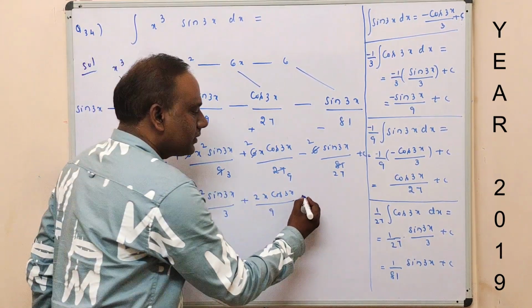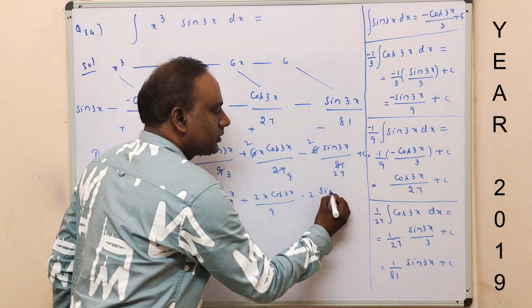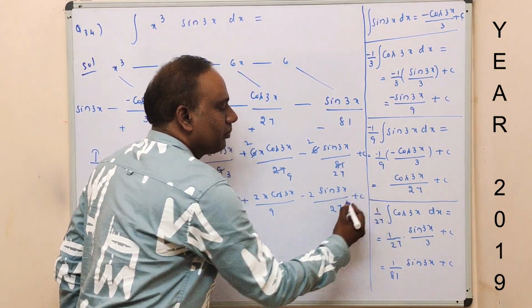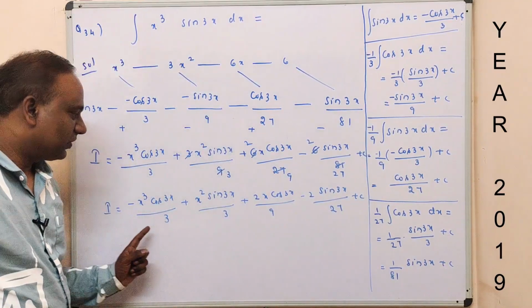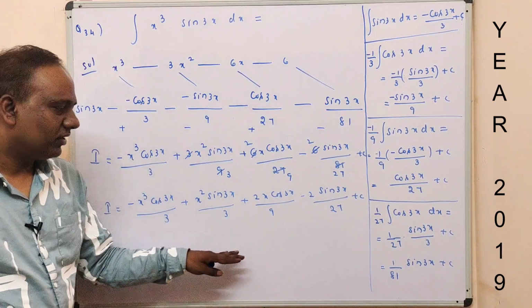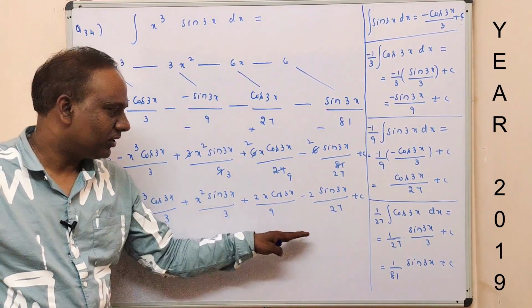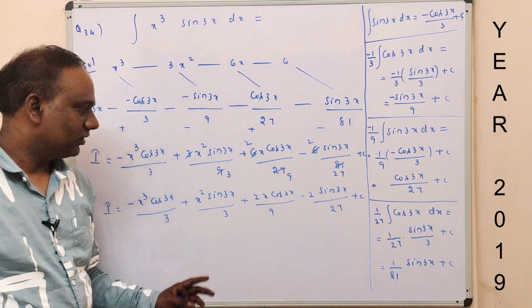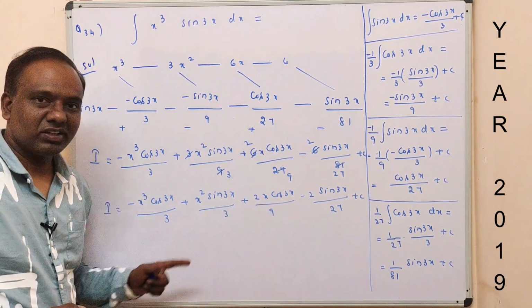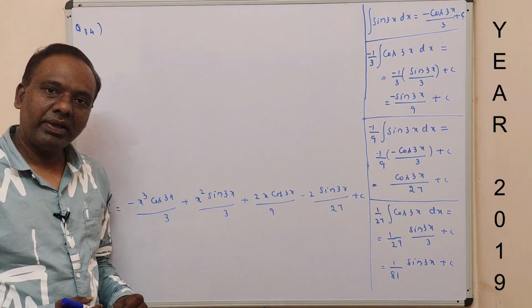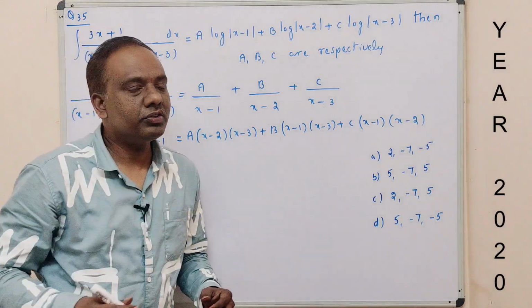So here minus 2 sin 3x by 27 plus c. So actually this is the answer. Here the options are not sufficient for writing the answer, but this is actually the solution. So here option B is the correct answer in this question.